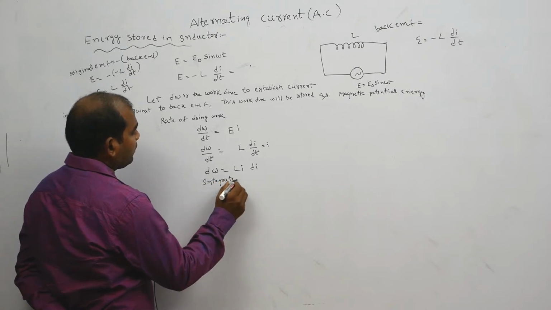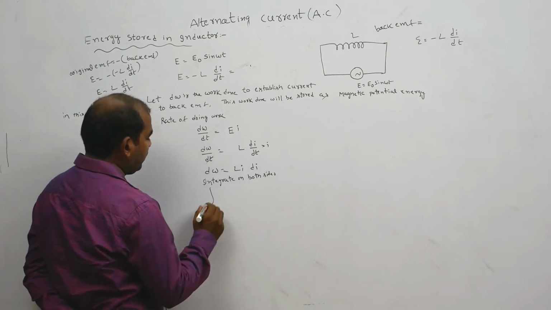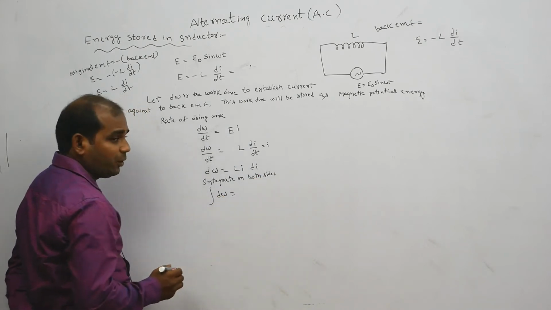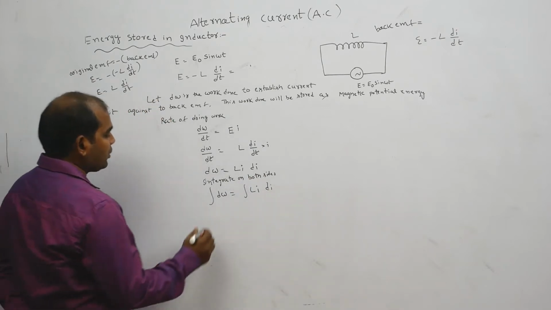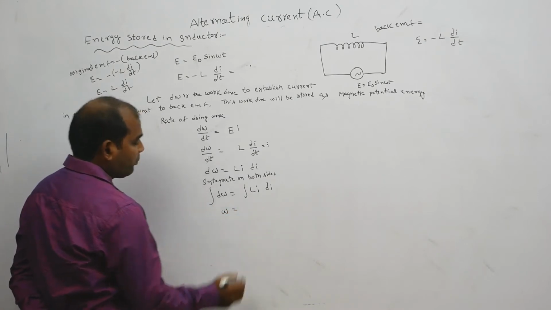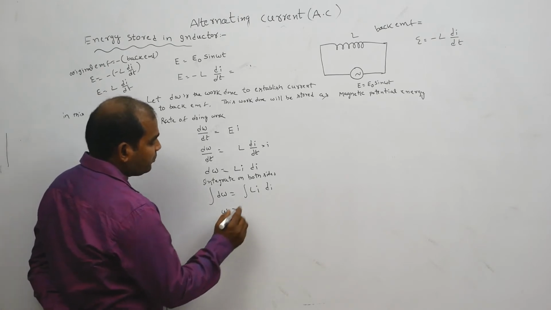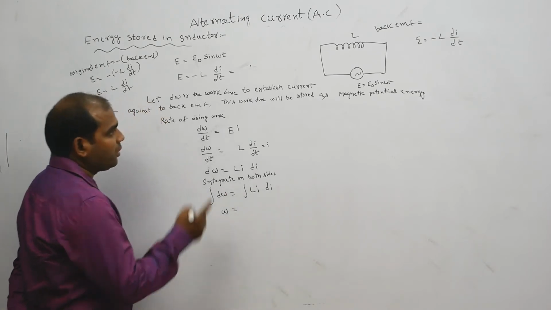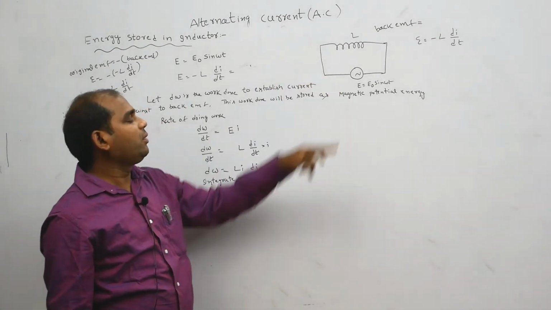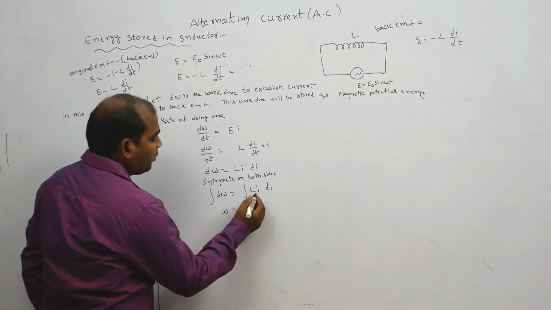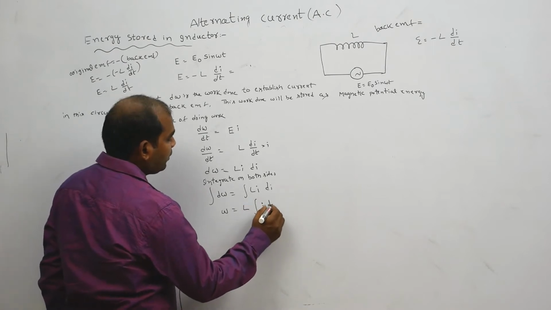Integral of dW is integral of L i di. The integral of small work dW gives the bigger work W. Here L is a constant in the circuit, while I is a variable, varying with respect to time. So the constant I am writing outside the integration: L integral of I di.